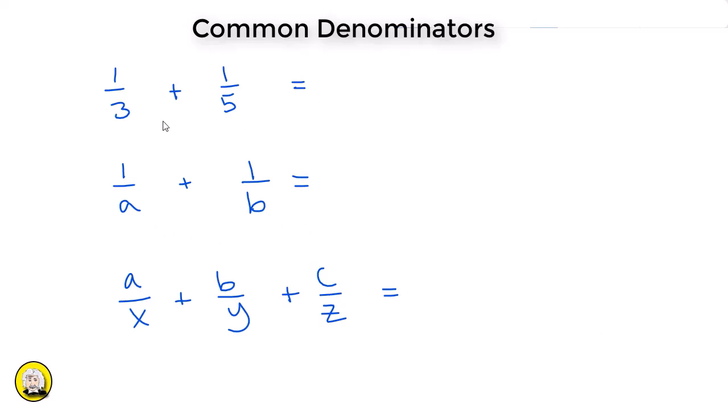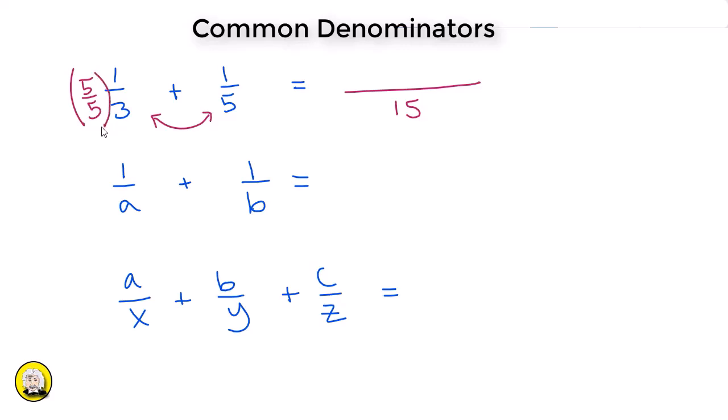For example, 1/3 plus 1/5, I need to find a common denominator. And one common denominator I can always find between two fractions is the product of the two denominators. In this case, 3 times 5 or 15. The way I might do that is I would multiply by 1 for each term.